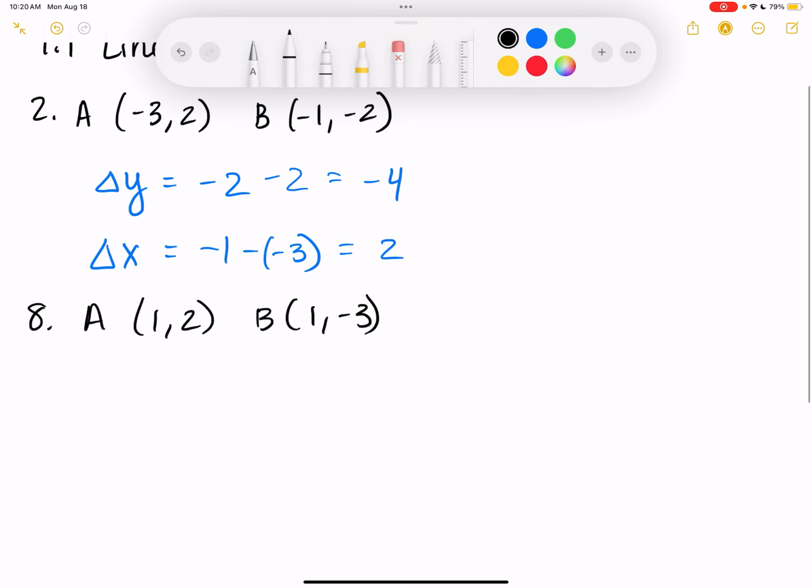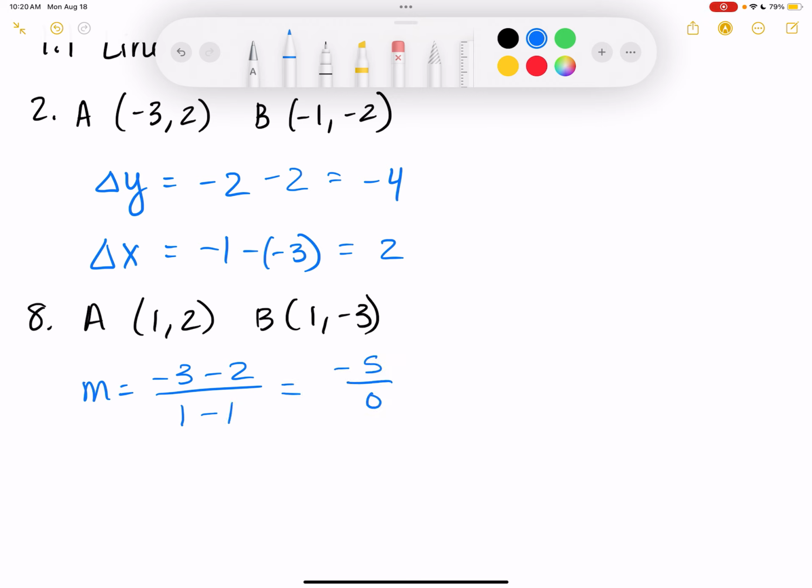Do you remember the slope formula? It's like y2 minus y1 over x2 minus x1. Yep. So -3 minus 2 over 1 minus 1. So that's -5 over 0.